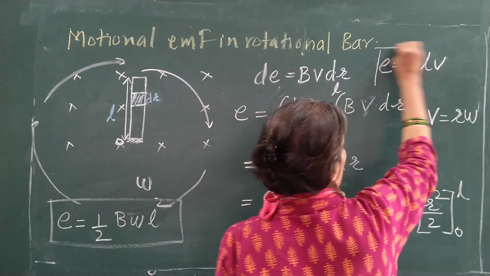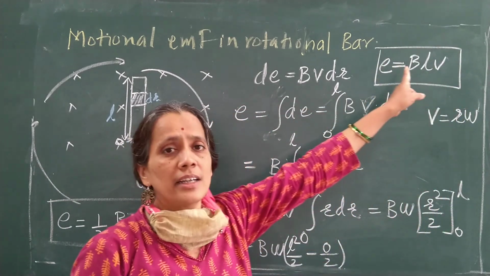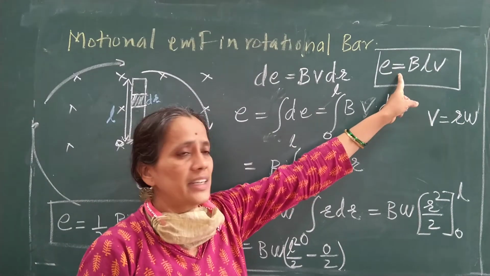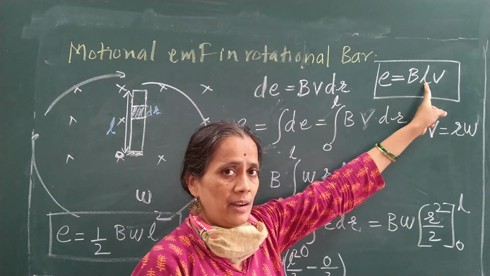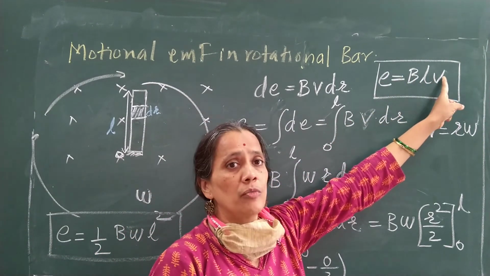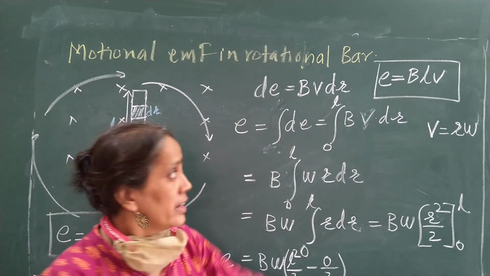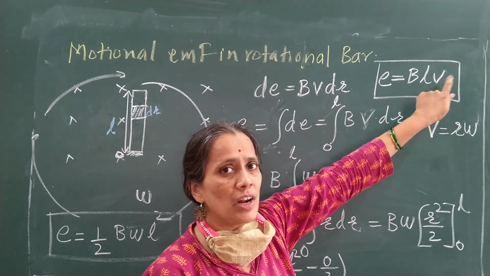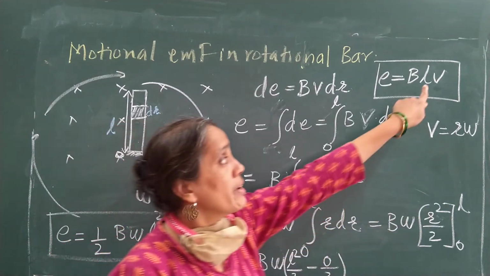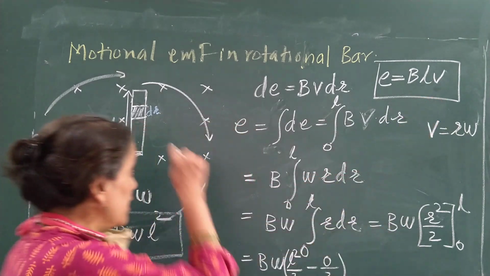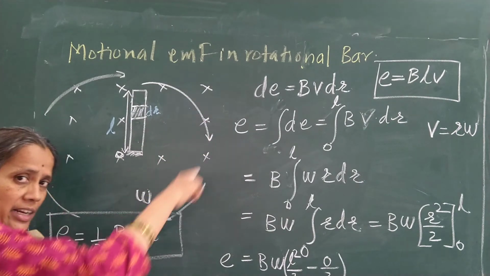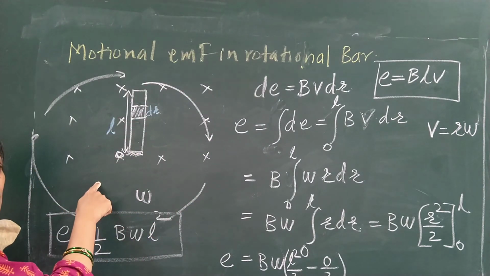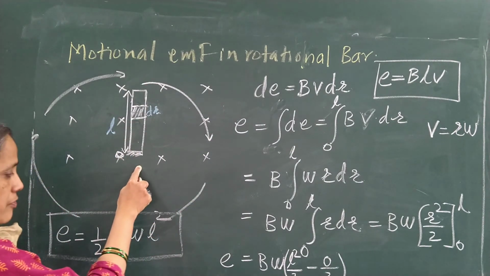This is different from the EMF produced in a conducting bar of length L moving through a magnetic field with linear velocity V. There the bar moves with linear velocity V, and here the rod is rotating, performing rotational motion inside the uniform magnetic field.